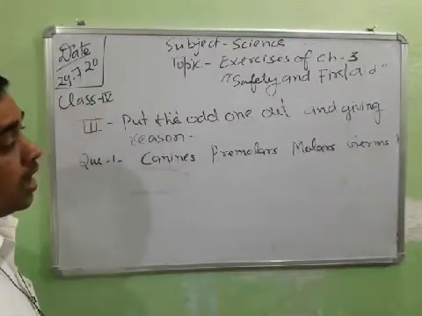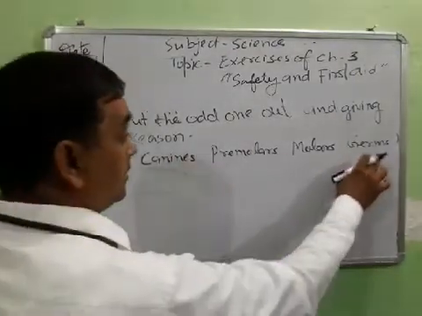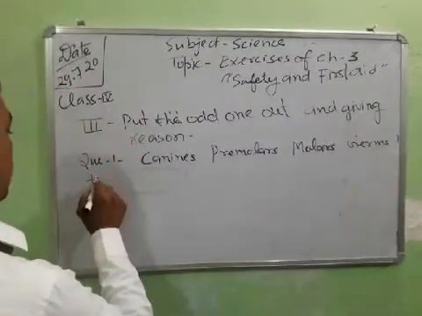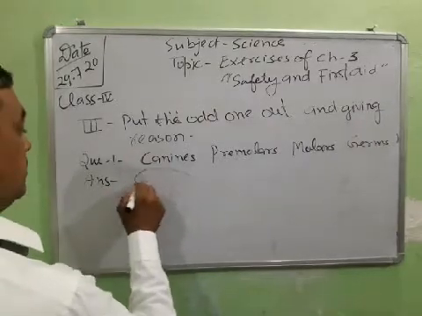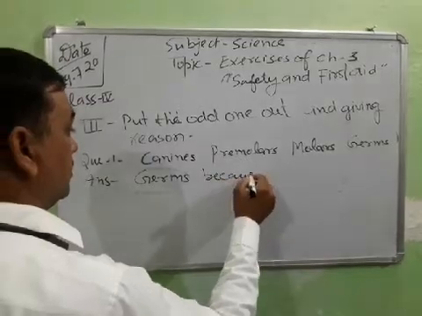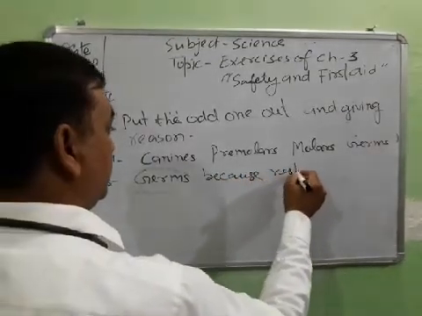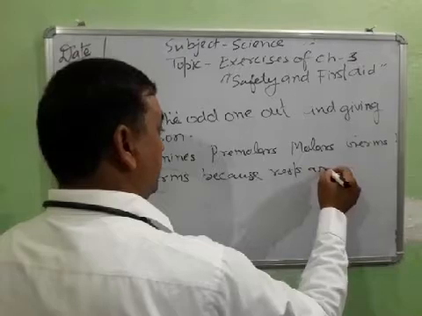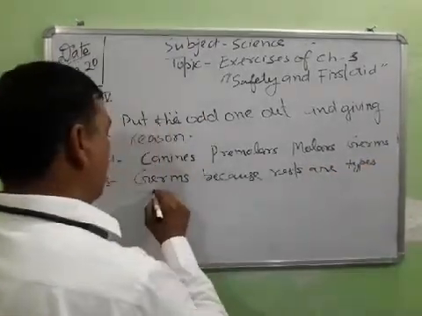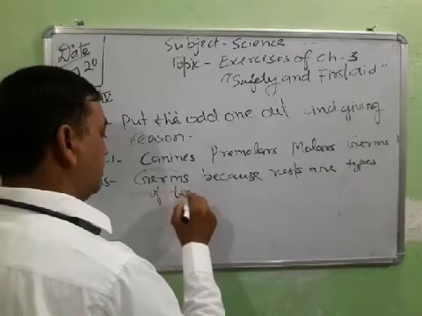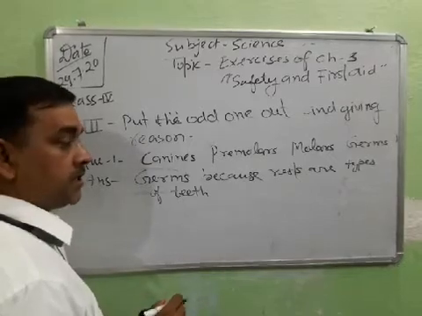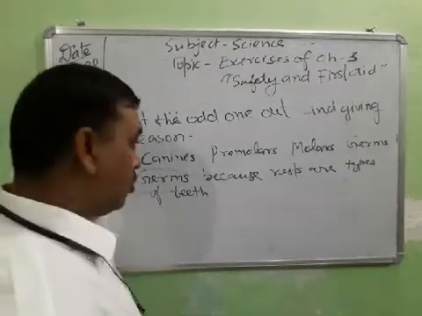So what is the odd one? This is germs. Write down the answer: Germs, because the rest are types of teeth and germs are microorganisms.